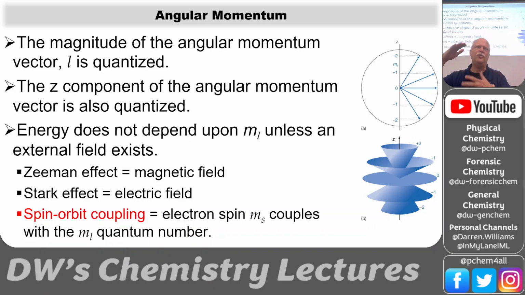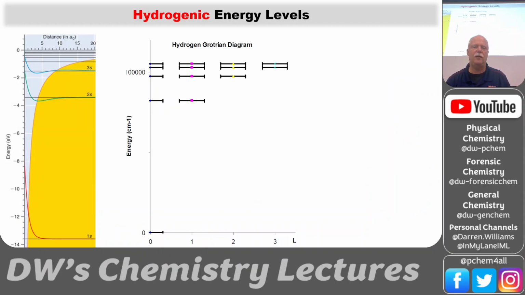If you hit it with a strong electric field, you get some splitting called the Stark effect. But then the orbital angular momentum, which generates a magnetic field, and the electron has a little magnetic field, those can couple together, and that's called spin-orbit coupling. So that's when m sub s, the plus or minus arrows, couples with the m sub L quantum number. And we will get into that.